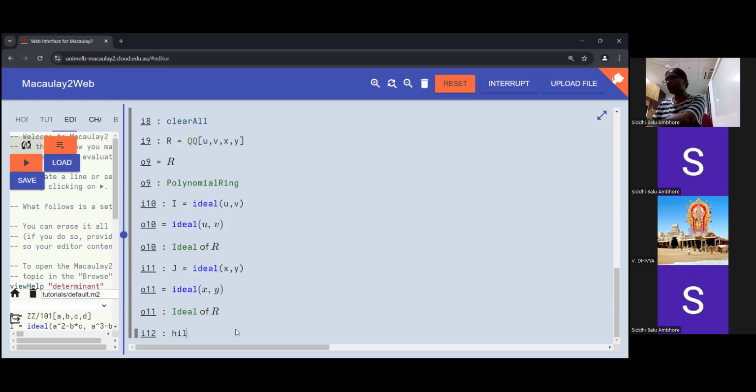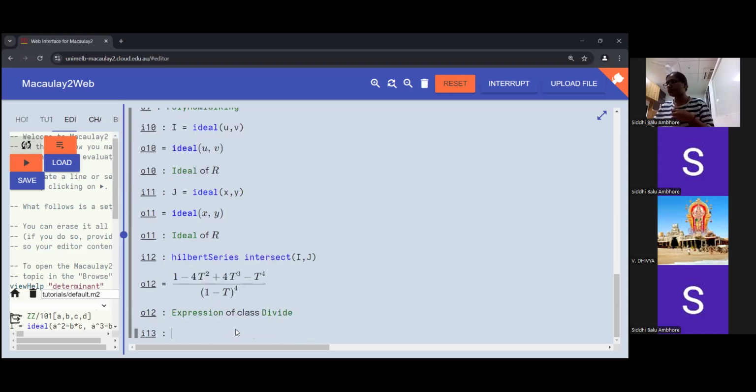So now we have to find the Hilbert series of the intersection of I and J. That's what I'm trying to find here. It is showing me this.